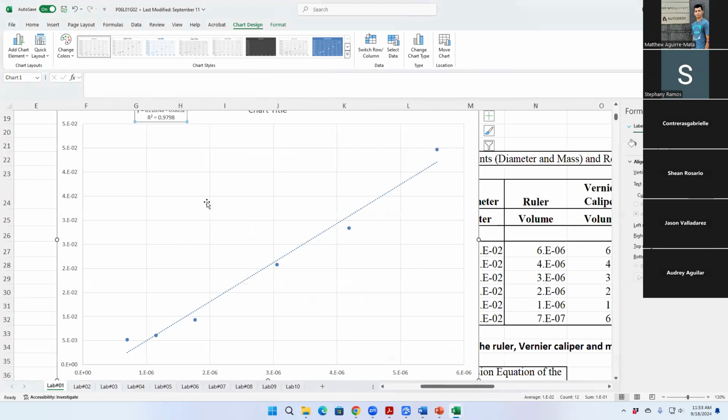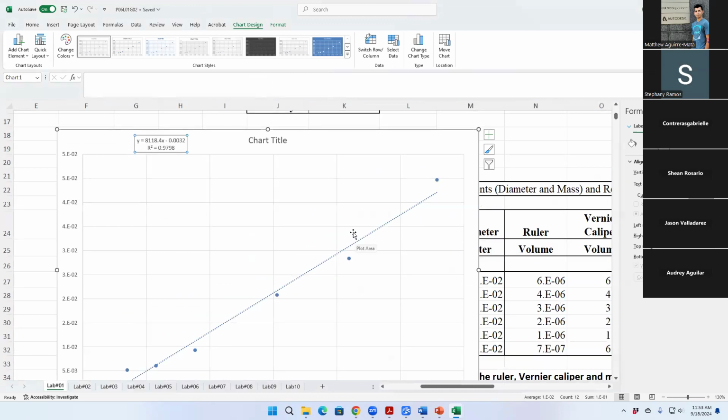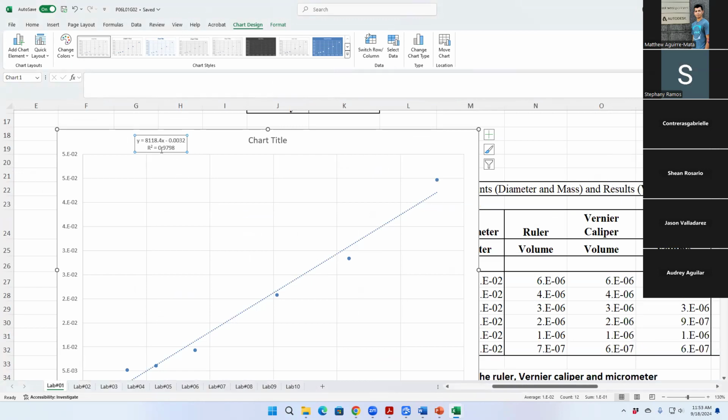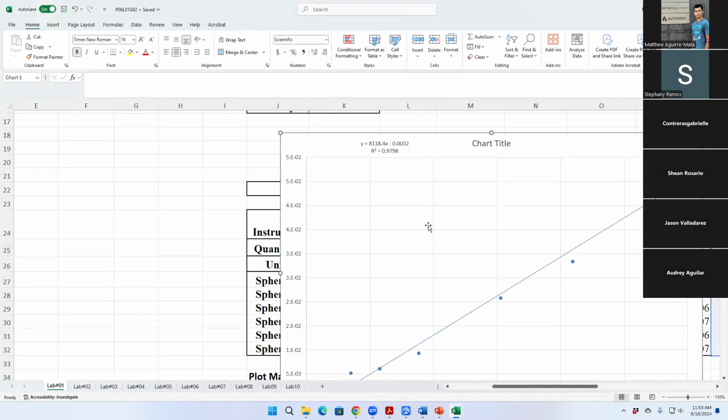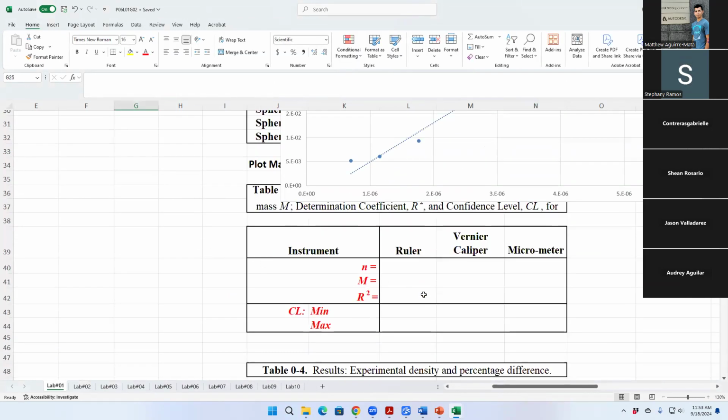Kind of small, right? Difficult to see it. So you're going to need R square. Get this value of R square, 0.9798. You put it right here, 0.9798, right?